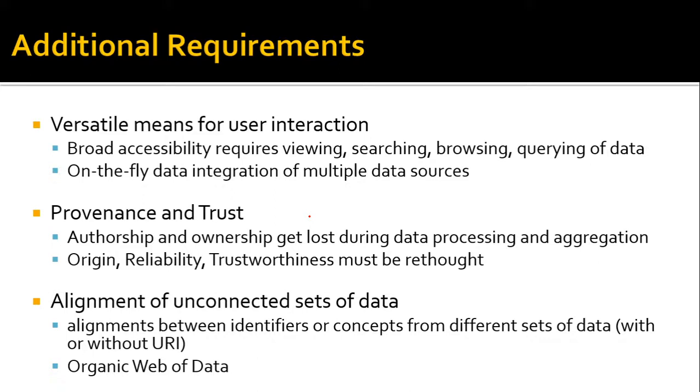It can be easily done if the URIs or the identifiers of the data items match exactly, or we can use other intelligent techniques to align these unconnected data sets. This is another very important requirement to realize this web of data. And if we do these automatic alignments, only then will the web of data scale up in an organic manner.